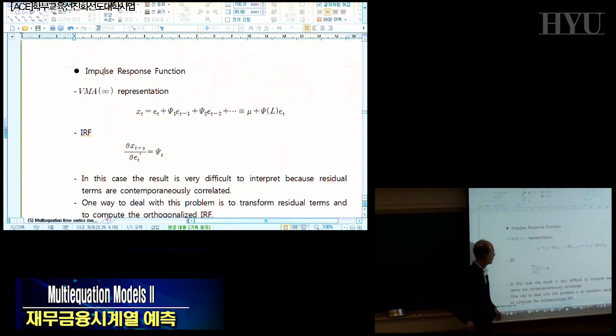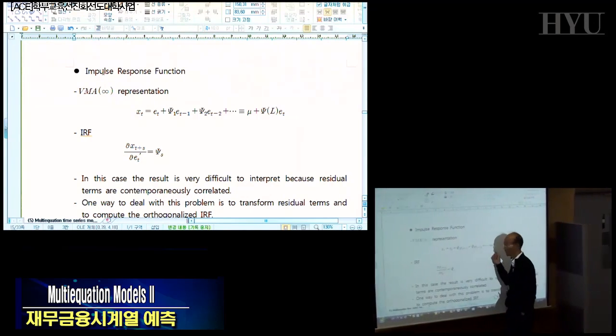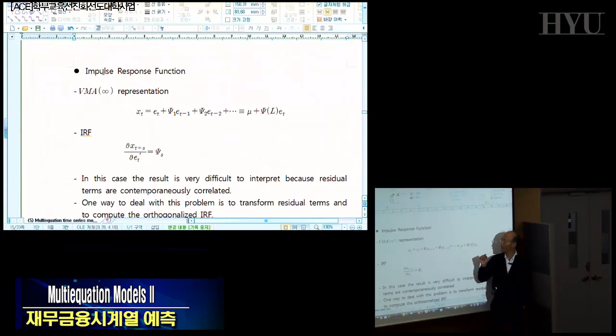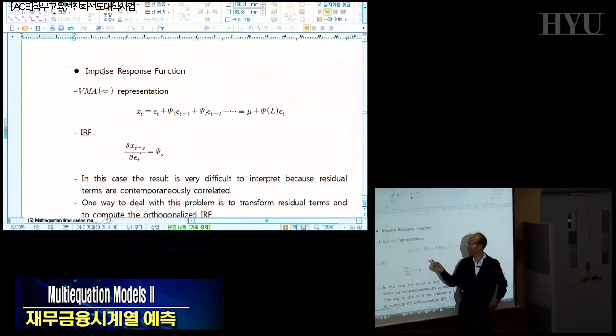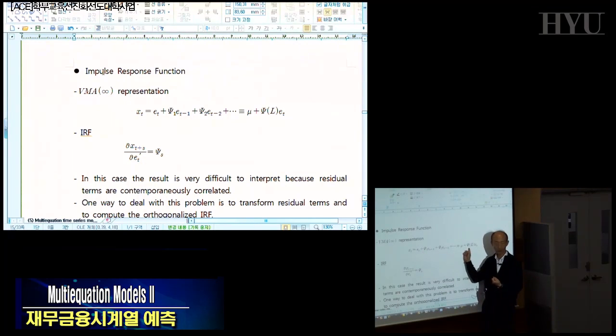And let's say the shape is something like this. In a univariate time series model, we call this type of representation the Wold representation. Any stationary time series can be expressed as a linear combination of all residuals.